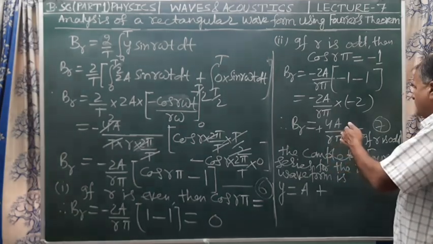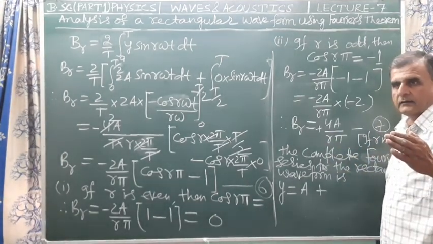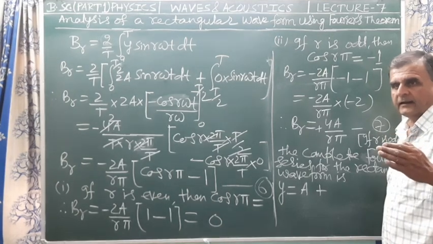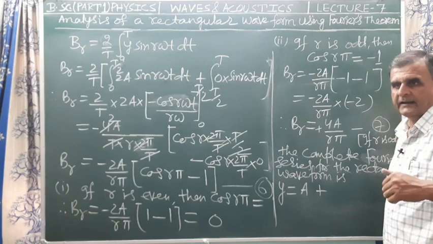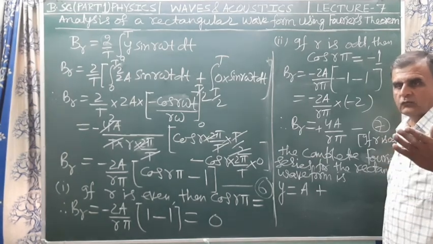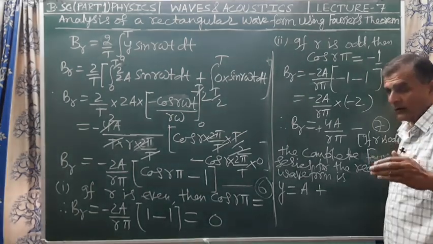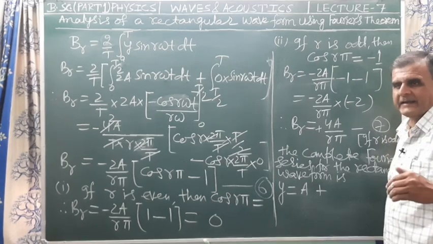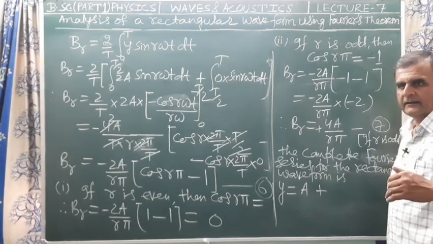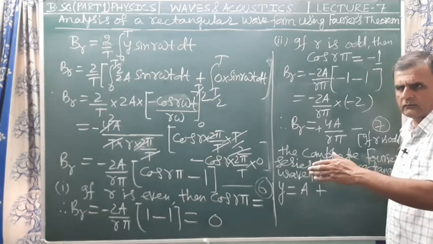Second term, after putting r is equal to 3, is 4a upon 3 pi sin 3 omega t. Now putting r is equal to 5, the next odd sine term will be 4a upon 5 pi into sin 5 omega t, out of which 4a upon pi is common to all odd terms.